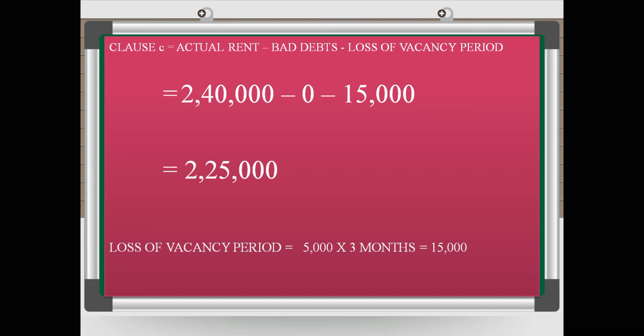Clause A is 2 lakh and clause C is 2,25,000. So clause C is greater than clause A. We are very lucky.